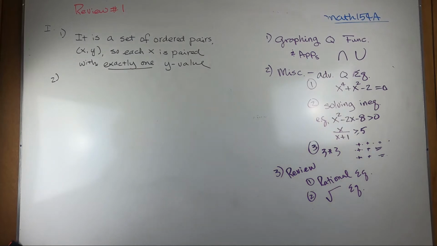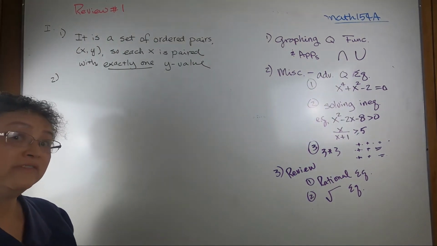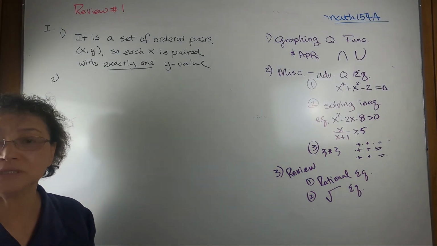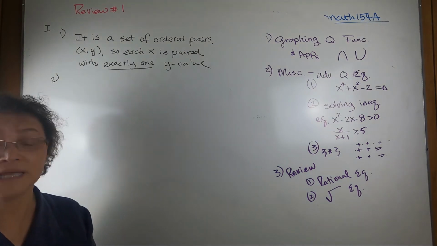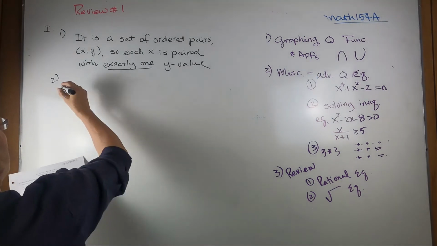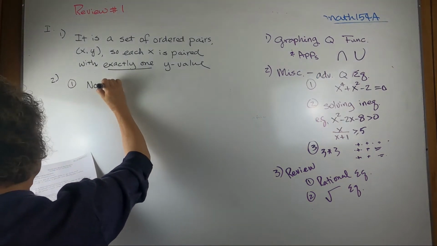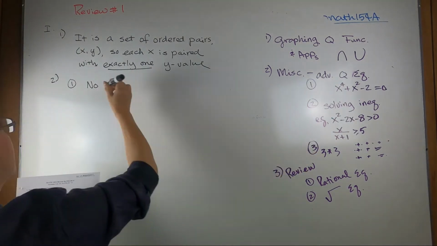Most of the time for x, you can use all the numbers from negative infinity to infinity. Only two situations have restrictions so far in your class. One is for fractions.